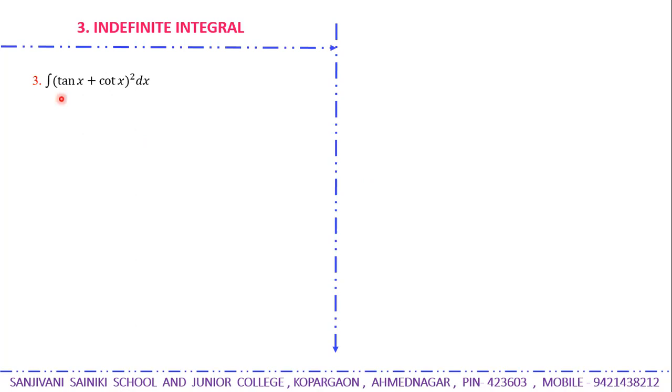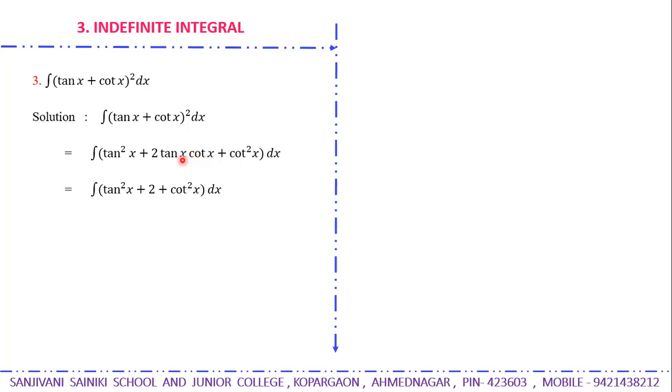The next example is tan x plus cot x, bracket square. So let I is equal to tan x plus cot x, bracket square. Then on squaring this, (a plus b) whole square is a square plus twice ab plus b square. But tan x into cot x, the product is 1, so you get 2.